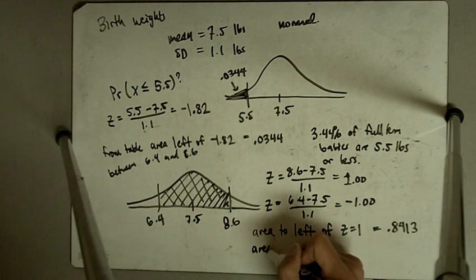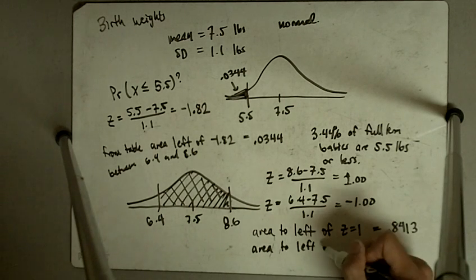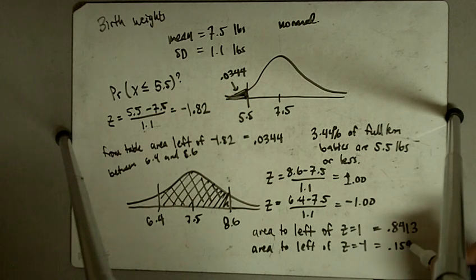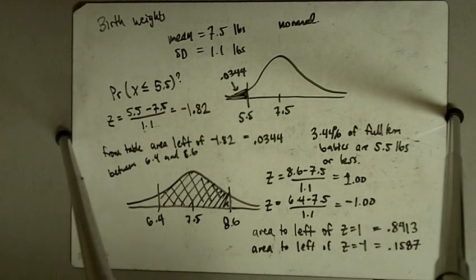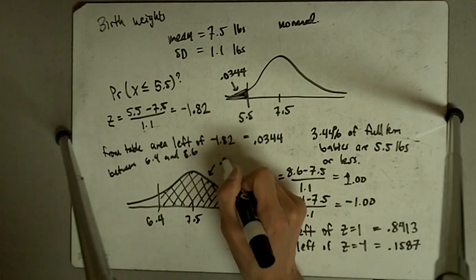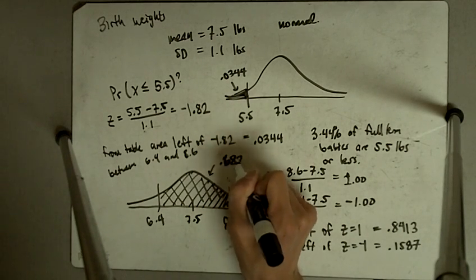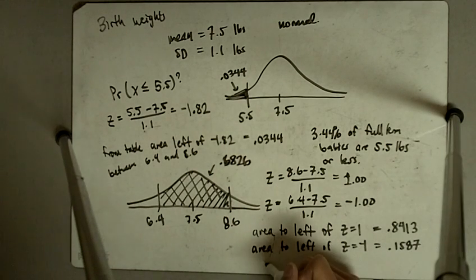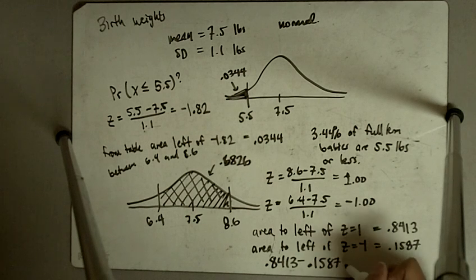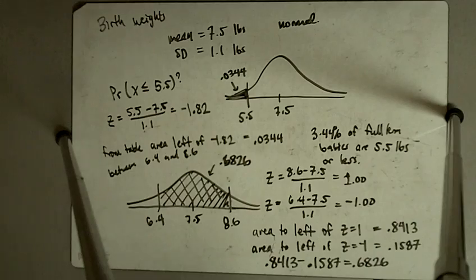And the area to the left of z equal to negative 1 is 0.1587. And so the difference, 0.8413 minus 0.1587, is 0.6826. So the area in between is 0.6826, about 68%.